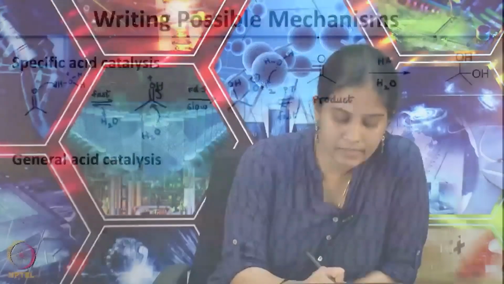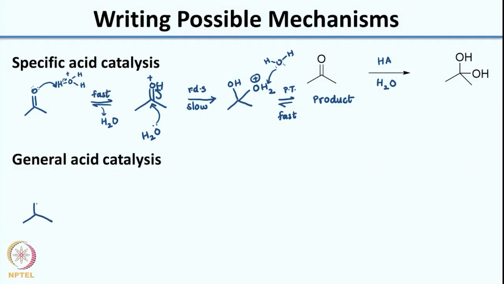Now, let us assume this reaction takes place by a general acid catalysis. So, now what do you need to remember? The proton transfer is occurring in the rate determining step. So, how will you write this in this case? So, you have your acetone. Let us say now it is being catalyzed by the acid HA. Remember, now concentration of HA is important.